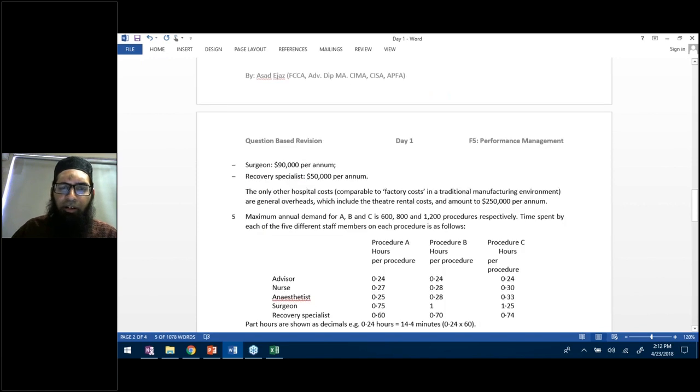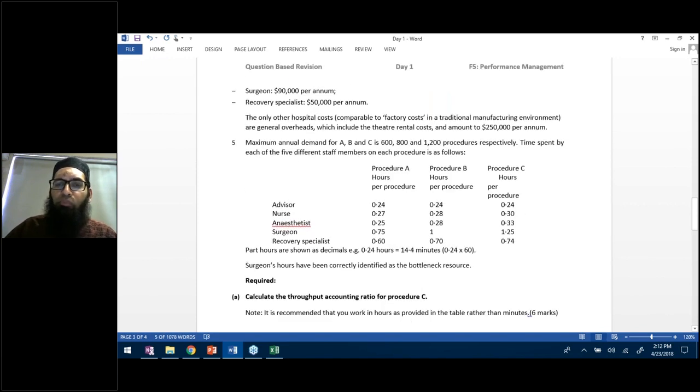So remember that whichever resource is using more hours should be the bottleneck. And for that, you can see that for procedure A, the most hours are used by the surgeons. Same is the situation for B and C as well. Right?